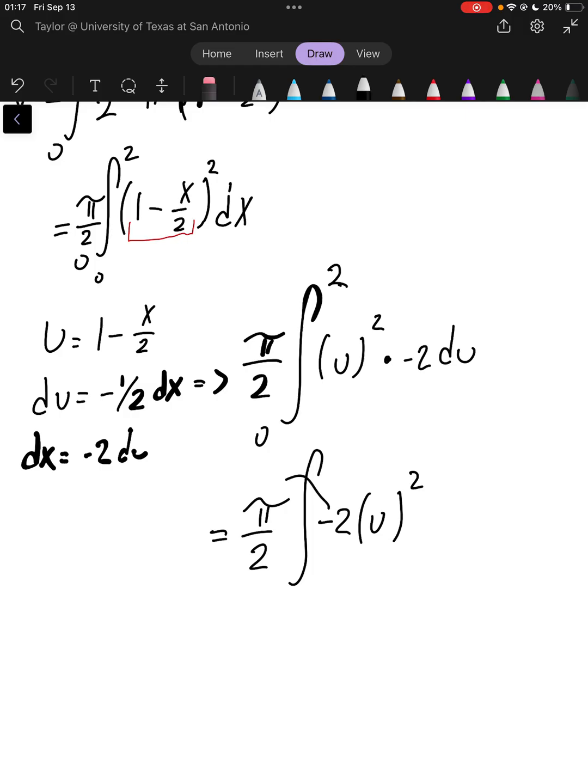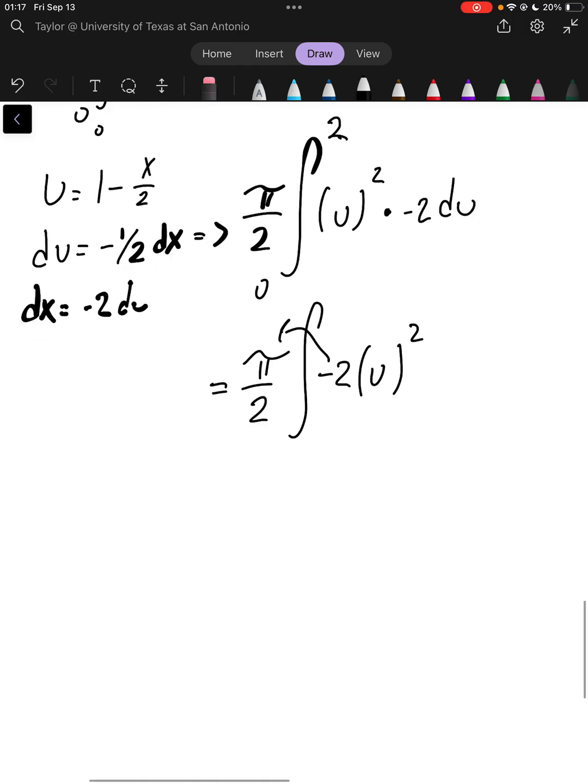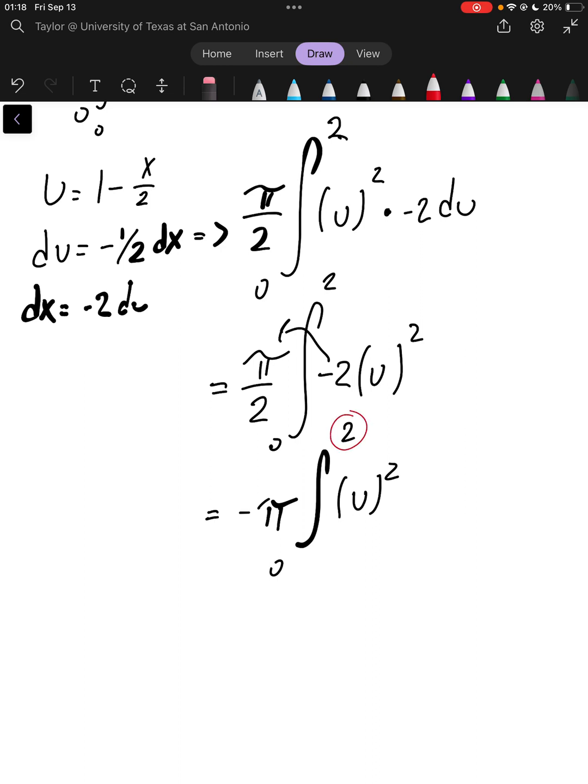Okay, I can pull this in front of my integral here, giving me negative pi times the integral of u squared. All right. So if we remember, these bounds were for when our integral was with respect to x, but now we're integrating with respect to u.